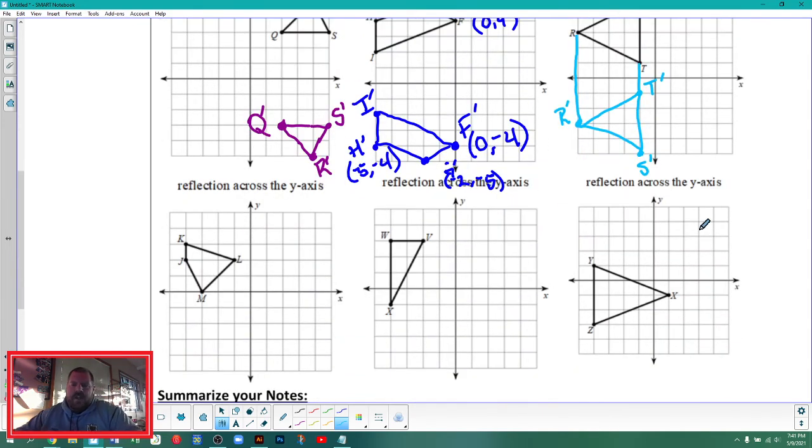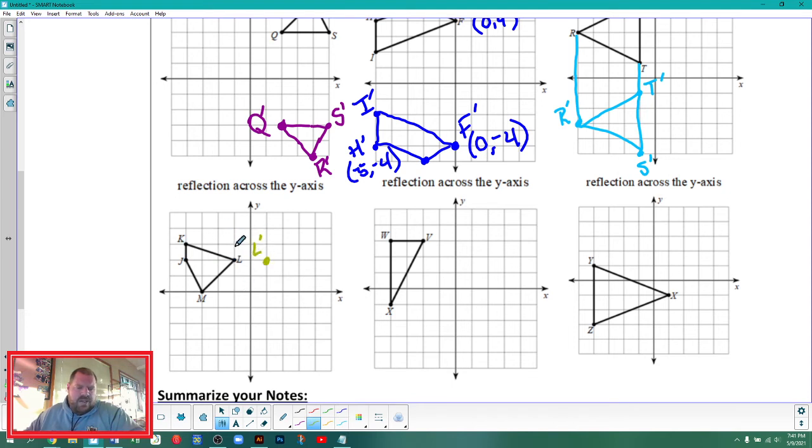Now, when we reflect across the y-axis, which we can do, it's just the opposite, and that was the other part of the rules up there. It's just changing the sign of the x-coordinate. So L is going to move from where it is to right here.